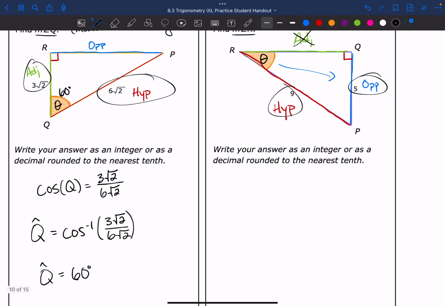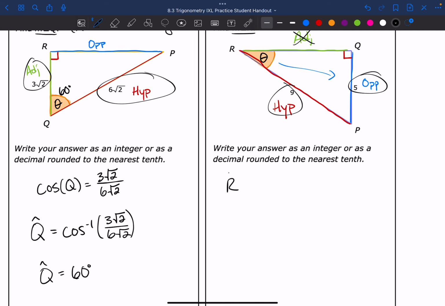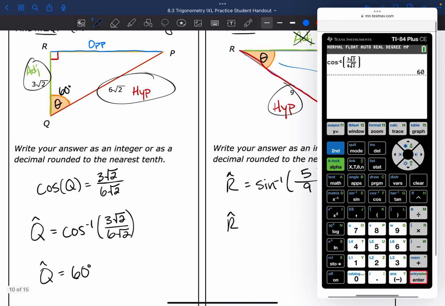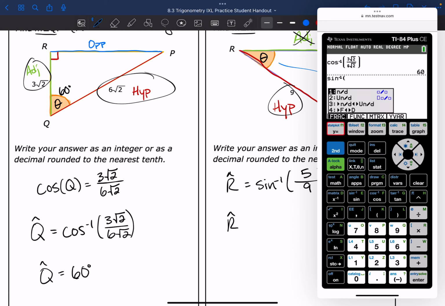So the angle I'm looking for is angle R. That is equal to the inverse of sine. I'm going to do 5 for the opposite and 9 for the hypotenuse. And let's see what it is. Inverse, second, sine, make my fraction, 5 over 9.